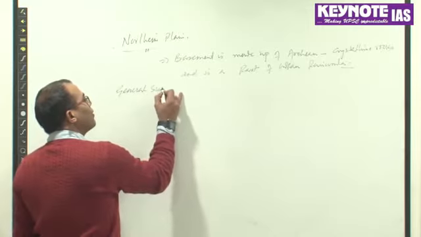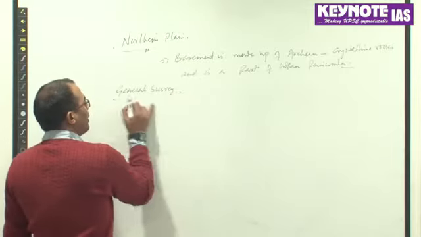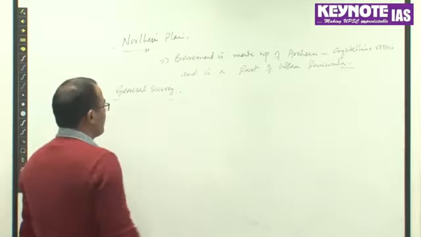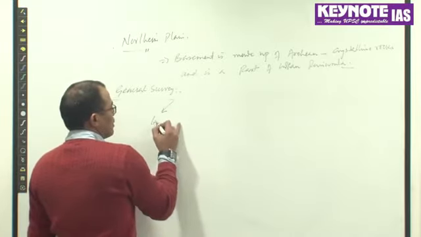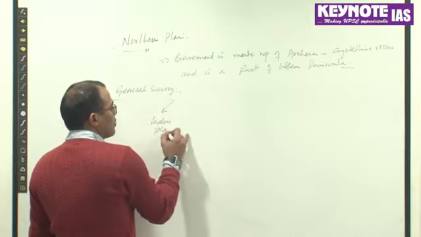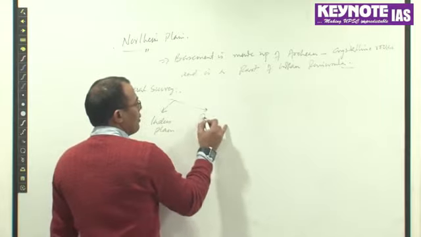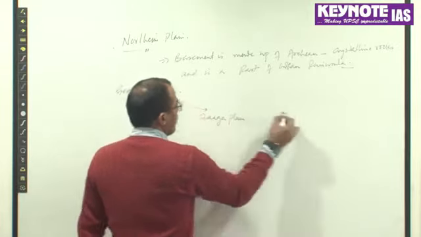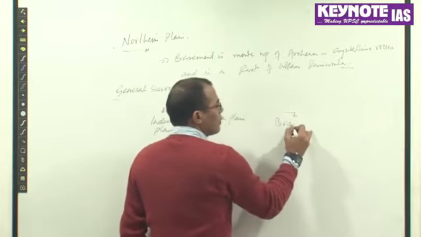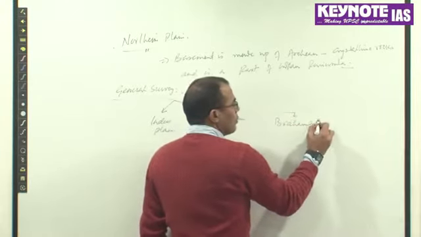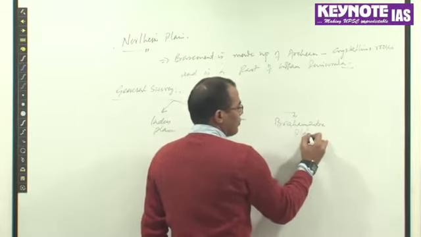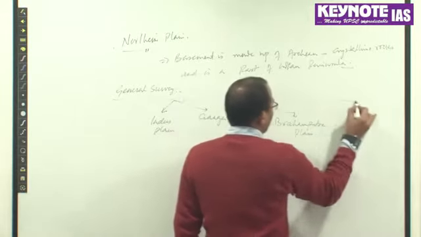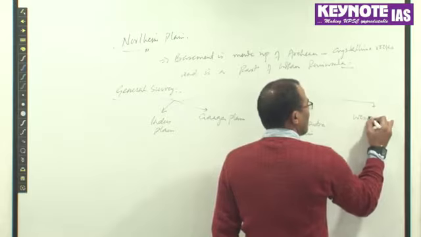General survey of the northern plain. First is the Indus plain, then we have the Ganga plain, then the Brahmaputra plain, then the Western plain.